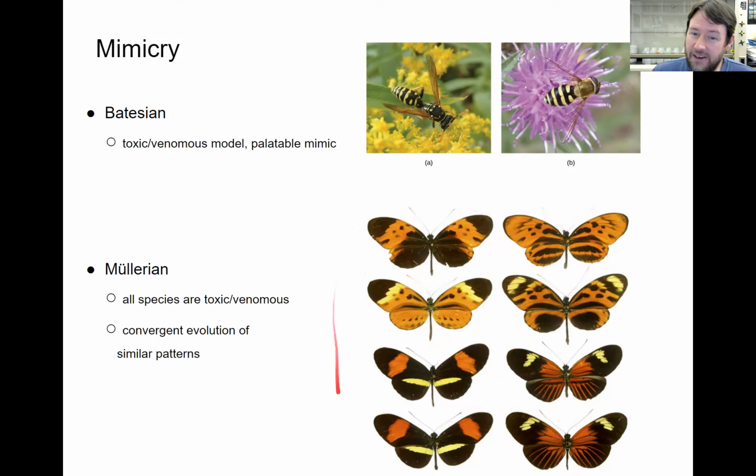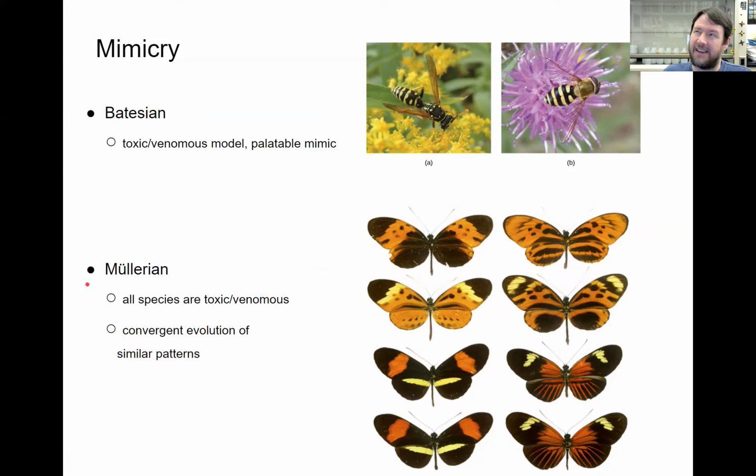So Müllerian mimicry is a case where there is no model and mimic, right? They're all kind of toxic and they mimic each other, and the messaging that they provide, if a predator eats one of these and gets really sick, it's going to say, okay, I'm not going to mess with anything that looks remotely like that. So none of them. I'm going to avoid them all. So that is probably more the case.